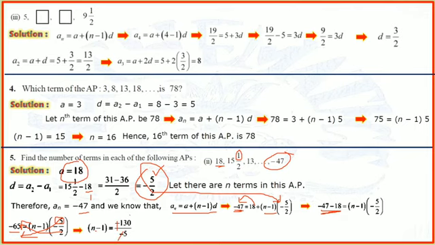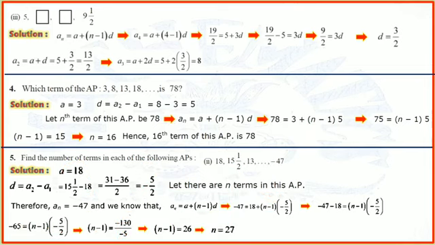Minus and minus cancel. 5 2s are 10 and 26 5s are 130. So n minus 1 is equal to 26. So 1 will go to this side, so n is equal to 27. So the number of terms involved in this AP is 27. Therefore, this given AP has 27 terms in it.